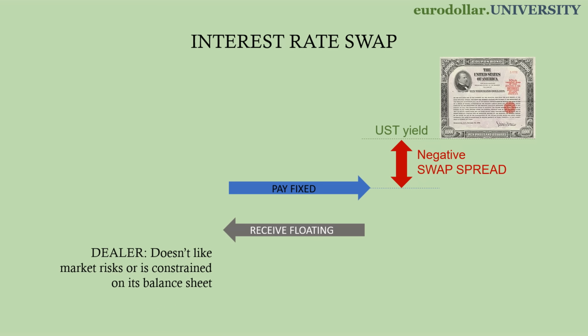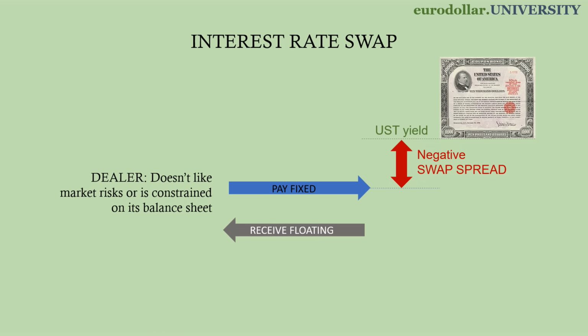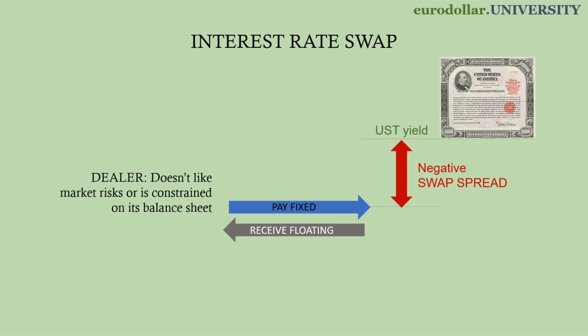Dealers don't want to engage in swaps, and demand for swaps from not just pension funds, but all sorts of other financial counterparties, including those in the banking system, that goes up. And the result is the fixed rate payment goes down, which means the spread between that lower fixed rate payment and the same maturity US Treasury gets wider and more negative. Demand for hedging goes up, the ability to supply hedging goes down, negative swap spreads get more negative.